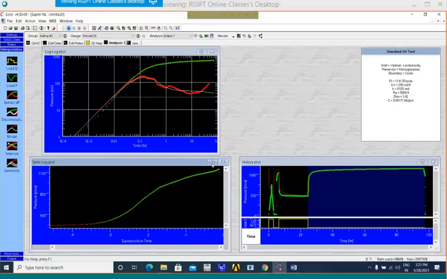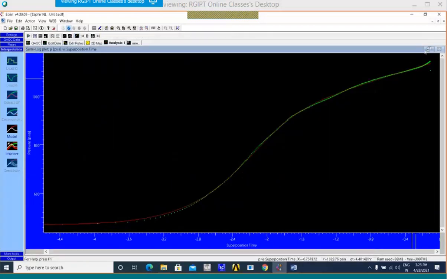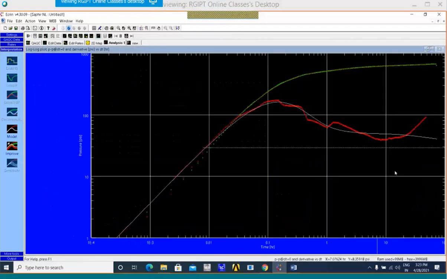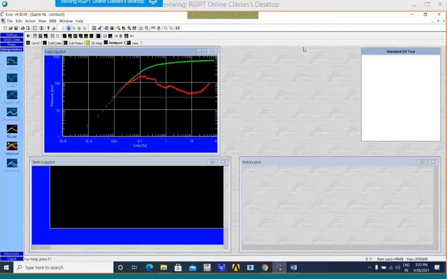Now you can see this one is giving me a reasonable fit, but in the last part I'm not seeing any fit here, and it is not going to give me the match. If you look at the data, it has suggested skin of 3.42.